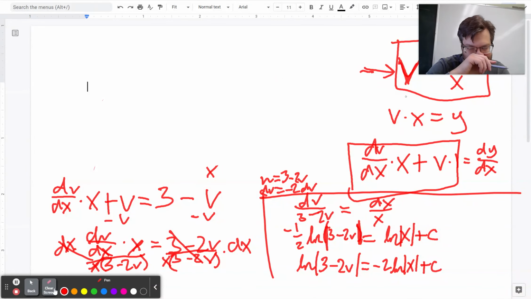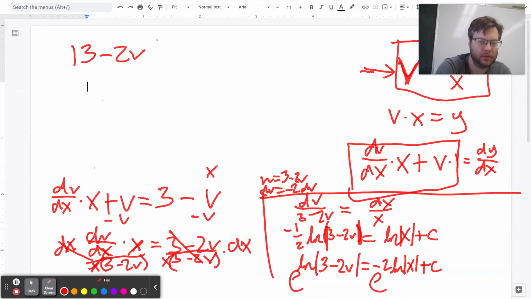So then I'm going to exponentiate both sides. So now we have absolute value 3 minus 2v equals, remember when you've got e to the c, you can just make that a c in front, just like when I multiply by negative 2.